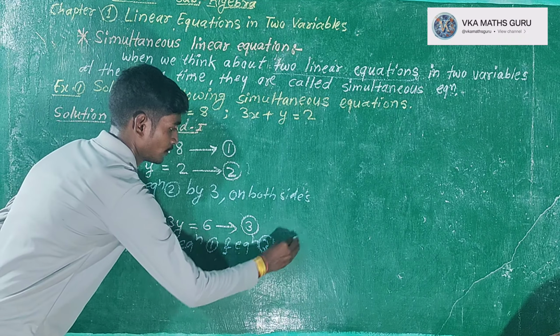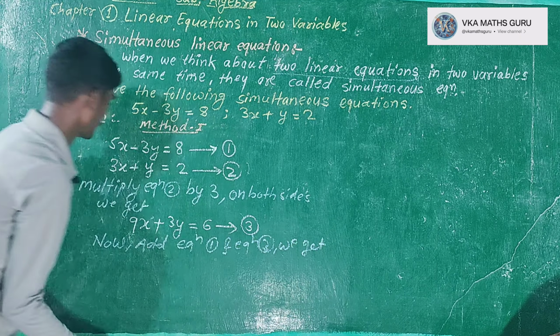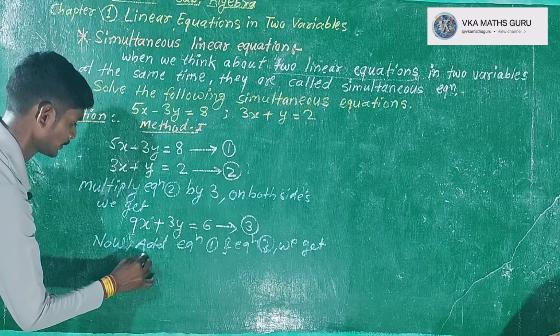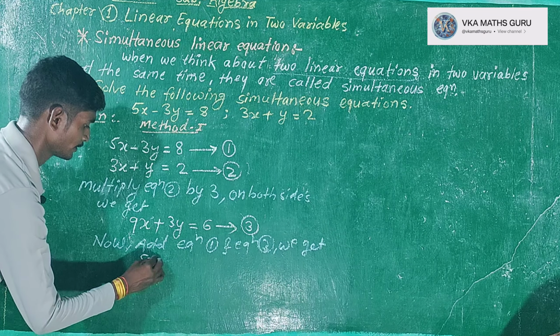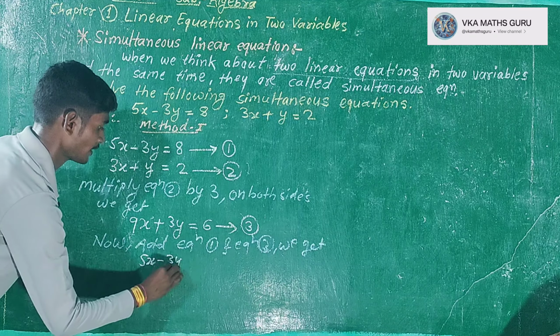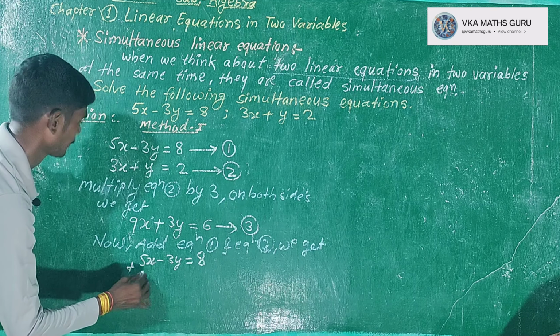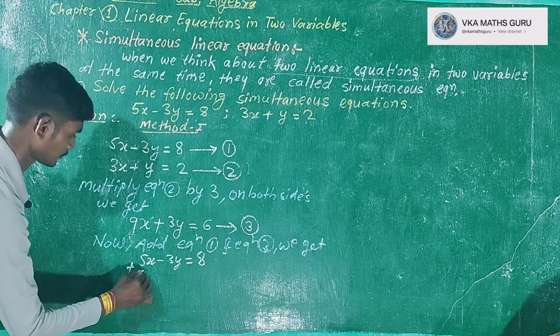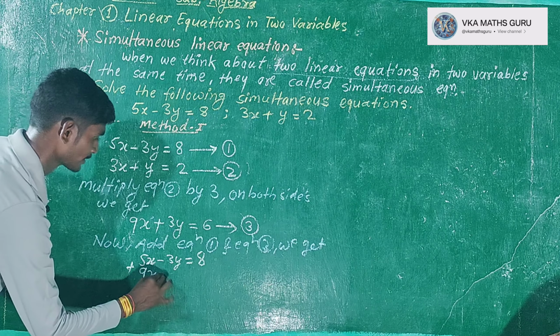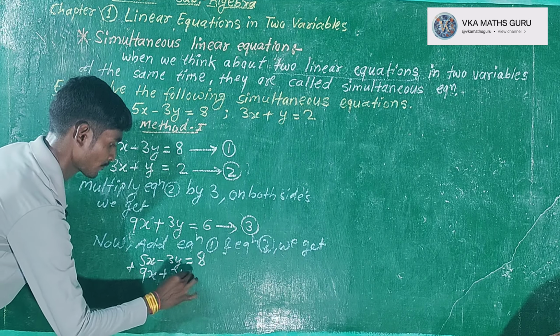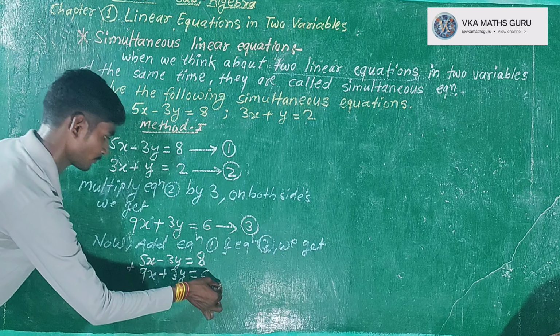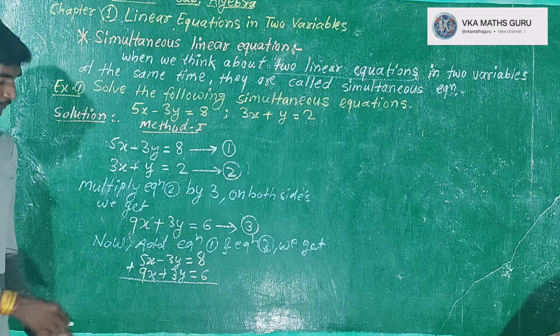Write here simply 5x minus 3y equal to 8 plus the equation number 3, 9x plus 3y is equal to 6. So add all the terms.